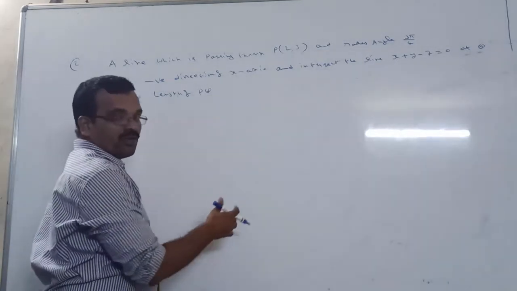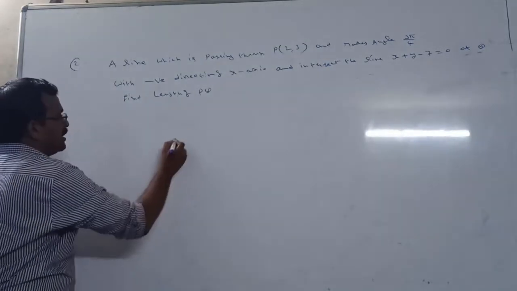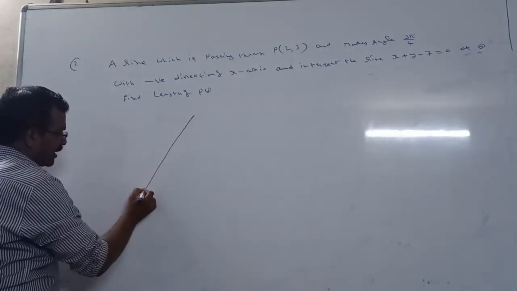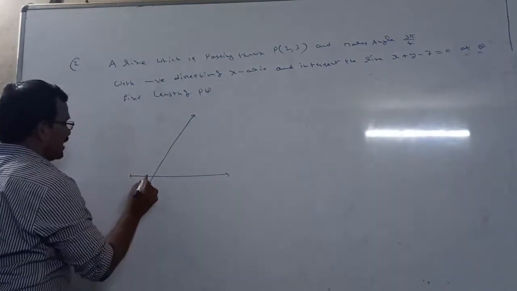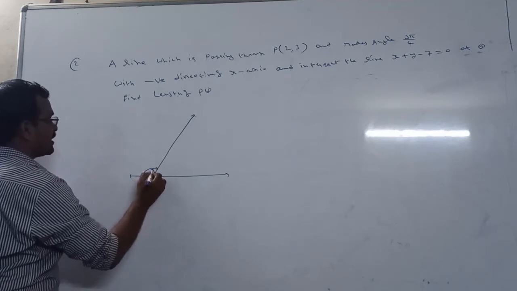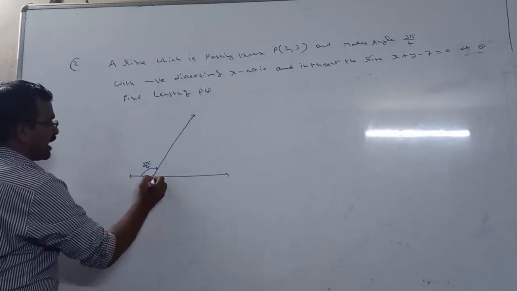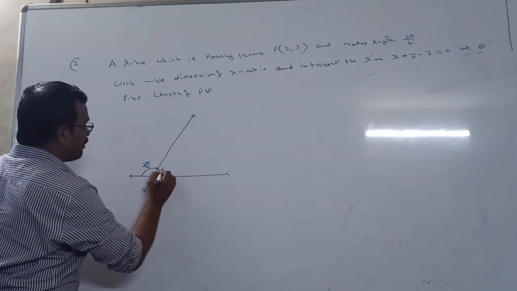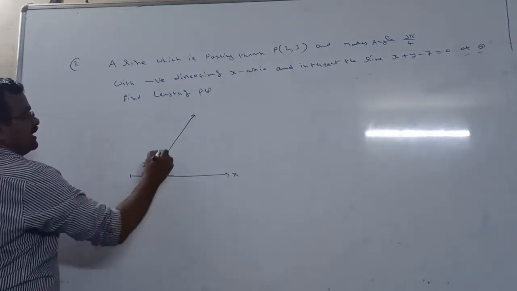Before, in the sums, we found the points on the line, but in this question, see according to the data they have given. For example, this is the x-axis. Negative direction means like this. They have given this is 3 pi by 4. Obviously, the line makes the angle pi by 4 with the positive direction of the x-axis.